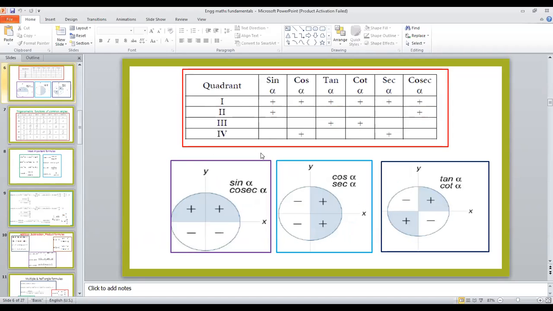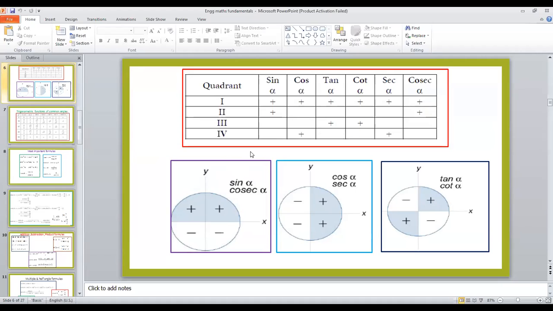Now, there are four quadrants in the 2-dimensional plane. Am I right? So in the first quadrant, keep in mind that simple sentence: which trigonometric ratio is positive with respect to each quadrant.